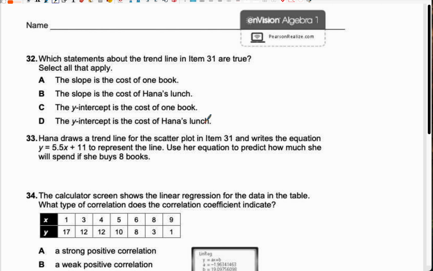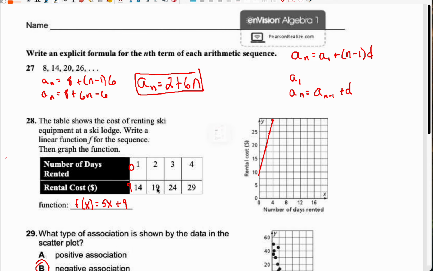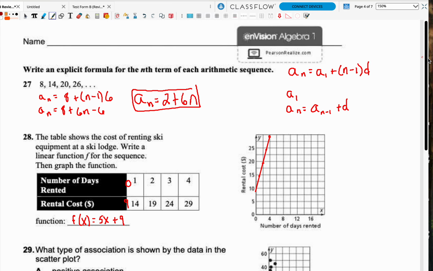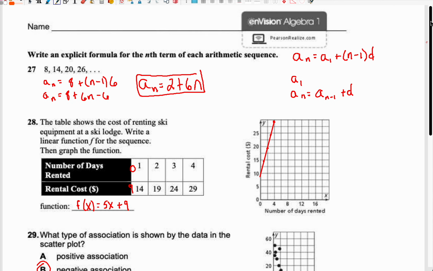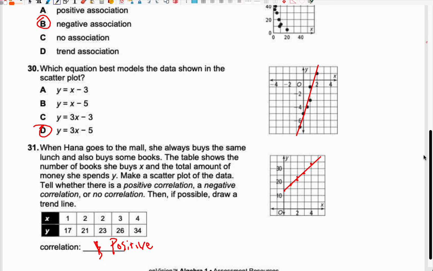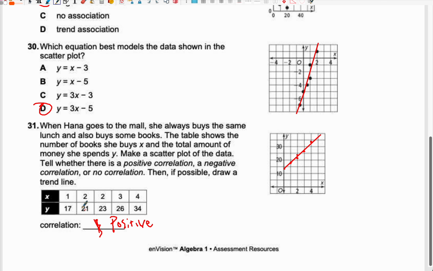The slope is the cost of one book. Well, as you look at the table, the table says that when she buys one book, her cost is 17. When she buys two books, it's 21. 2 is 23.